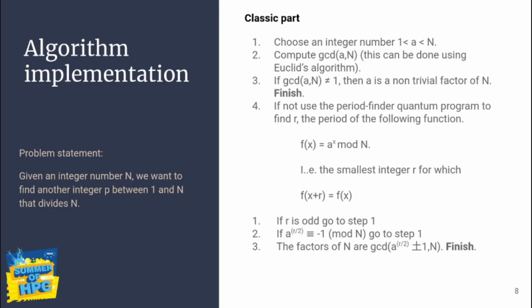If r is odd, we go back to step 1. If a^(r/2) is congruent with -1 mod n, we return to the first step. We obtain the two factors by calculating the greatest common divisor of a^(r/2) ± 1 and n.